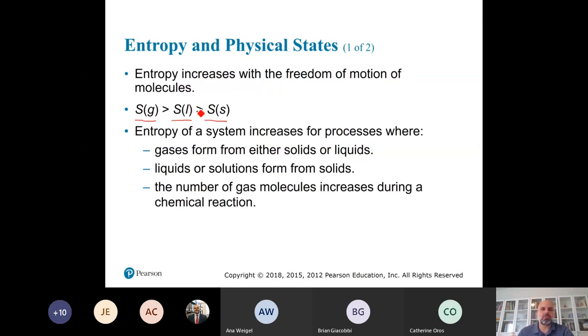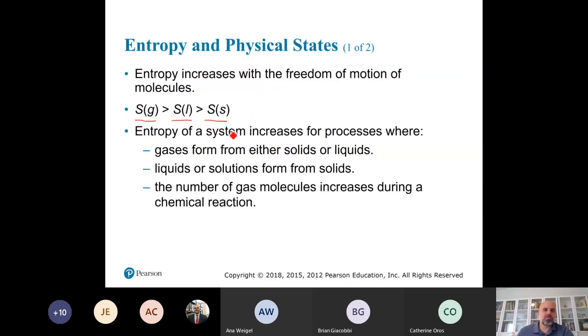A liquid is going to be confined to a cup, for example, whereas in the solid, the individual molecules are stuck in their individual positions, but they can vibrate. Some of them may even be able to rotate. They have different vibrations available to them, but a lot less overall movement.